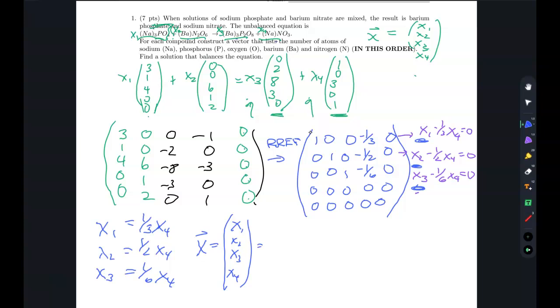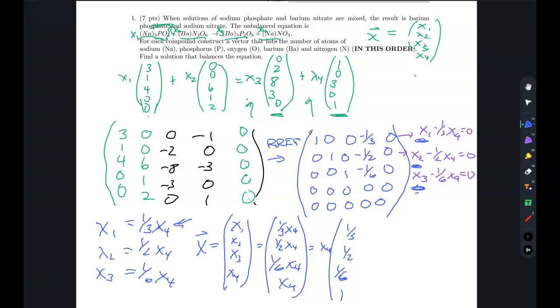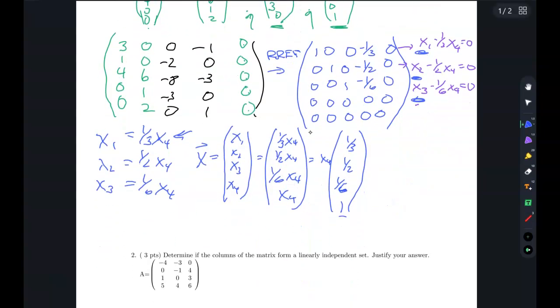So then we substitute in what I have from this column. So I get 1/3 x sub 4, 1/2 x sub 4, 1/6 x sub 4, and then x sub 4 is just itself. So then if I factor out the x sub 4, I get 1/3, 1/2, 1/6, and 1. Okay, so solutions are in the span of this.